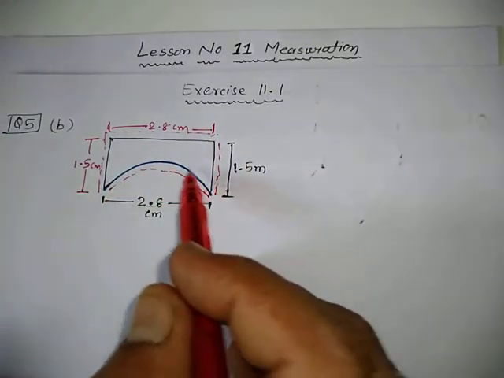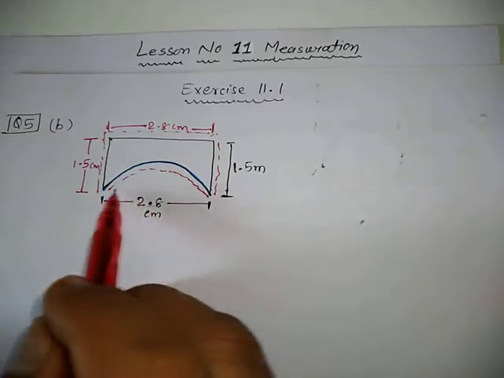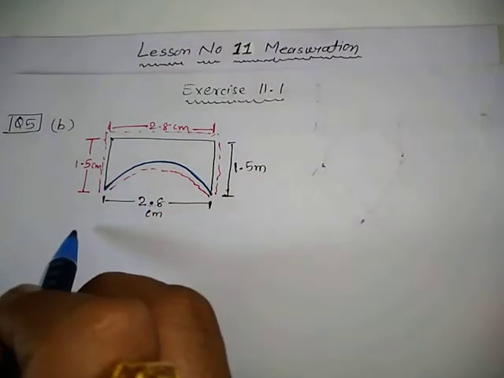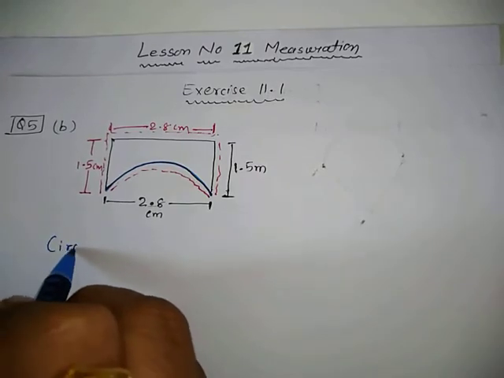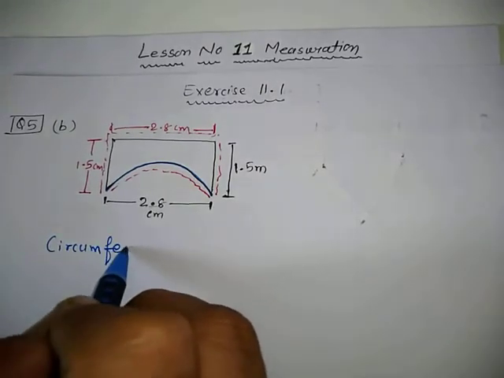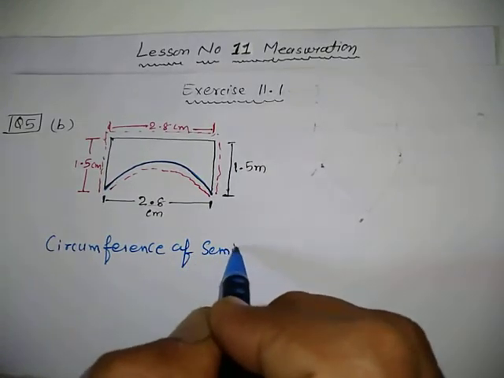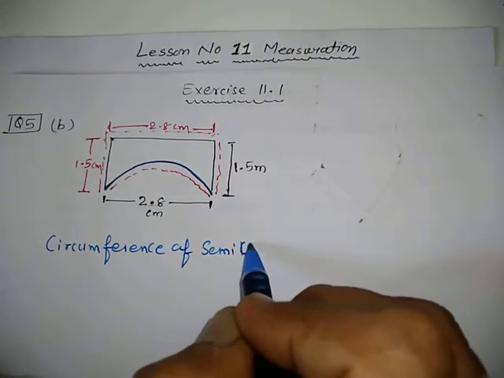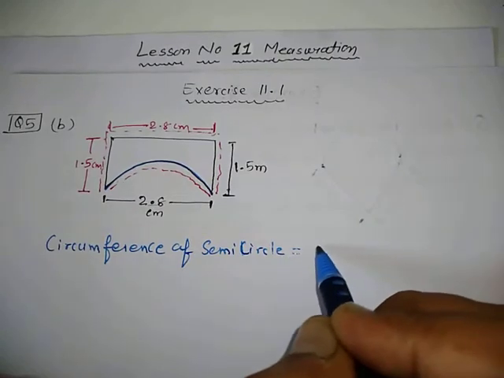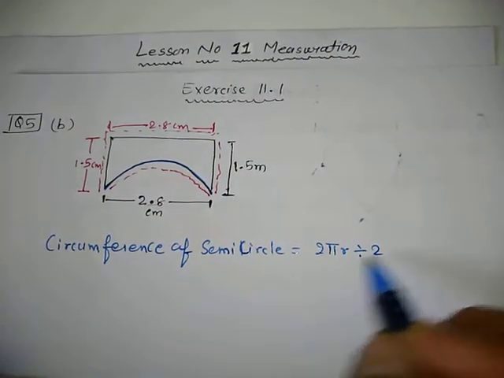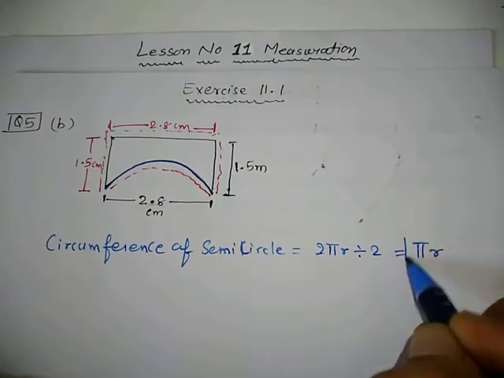So these three sides we know, but this one is in a curved shape. So we will find it as a semicircle. First of all, the circumference of a semicircle is equal to 2 pi r divided by 2, and that will give us pi r.